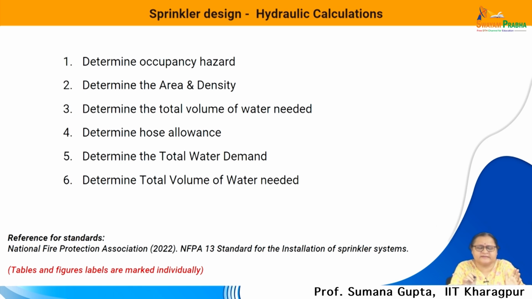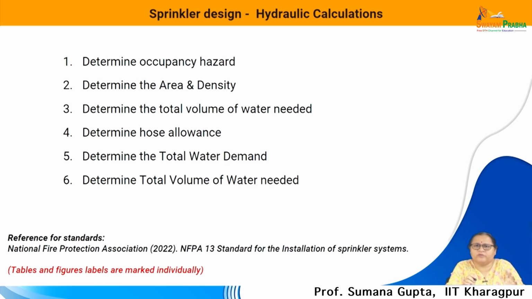First, determine the occupancy hazard, then determine the area and density. Say we have a room of 15 meters by 10 meters.